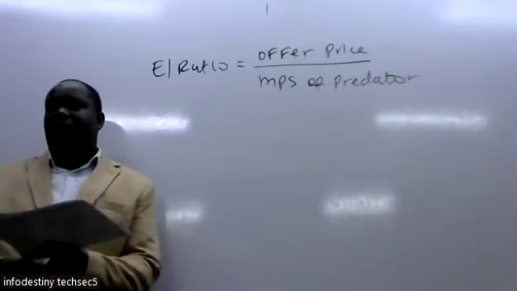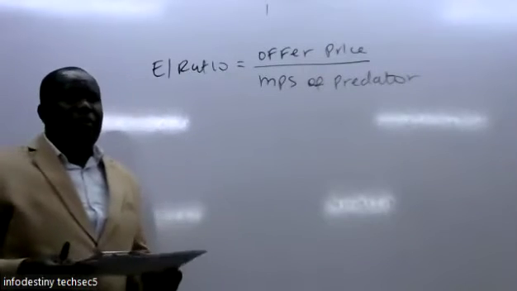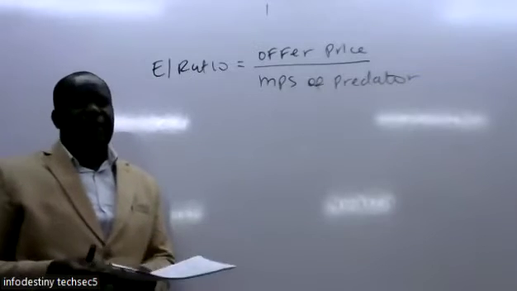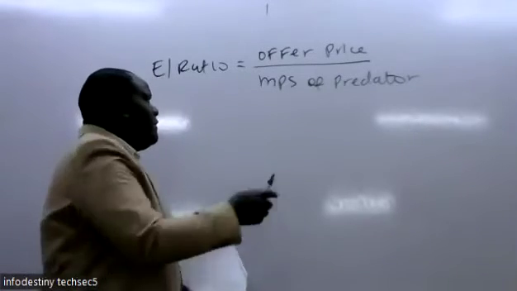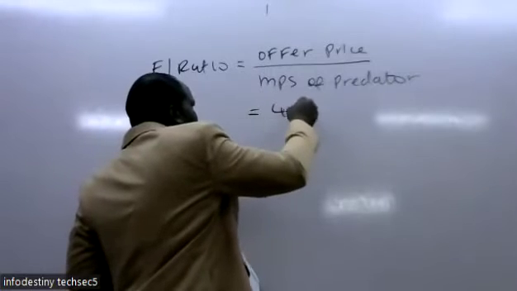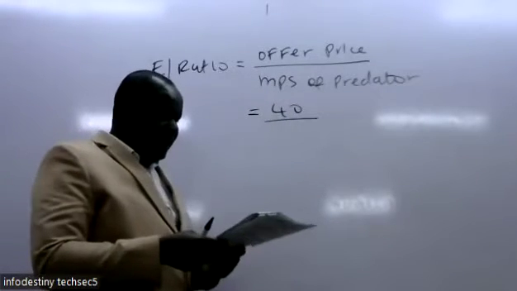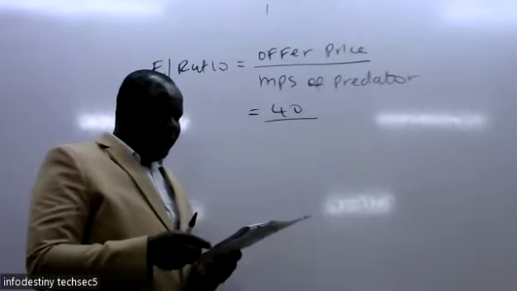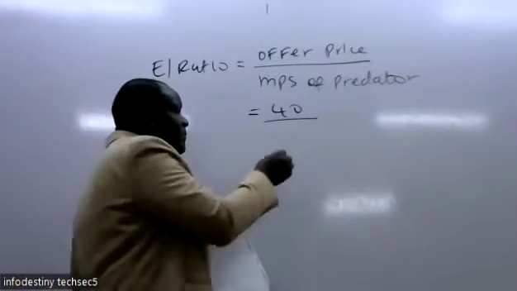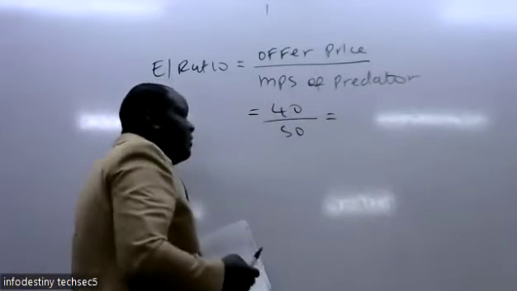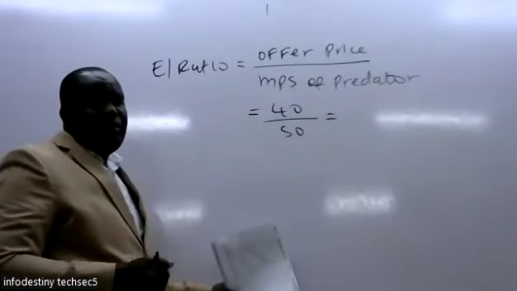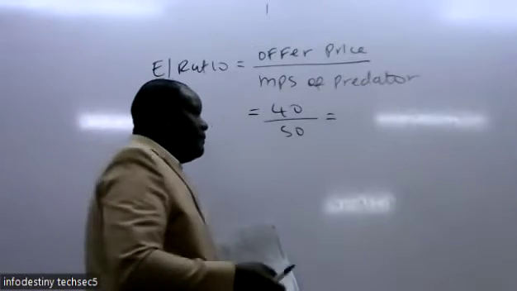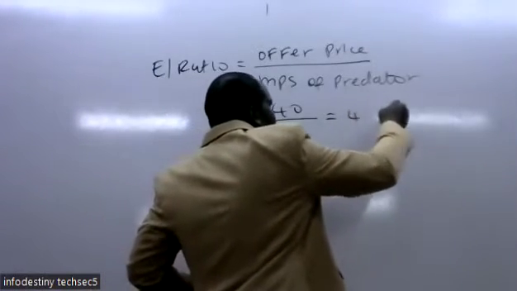The offer price has been given as how much? 40. They have offered you 40 shillings. We divide by the ordinary share market price for the predator, that is Chilulu, which is 50. So we come up with the exchange ratio. Should be what to what? 4:5. So we get 4:5.